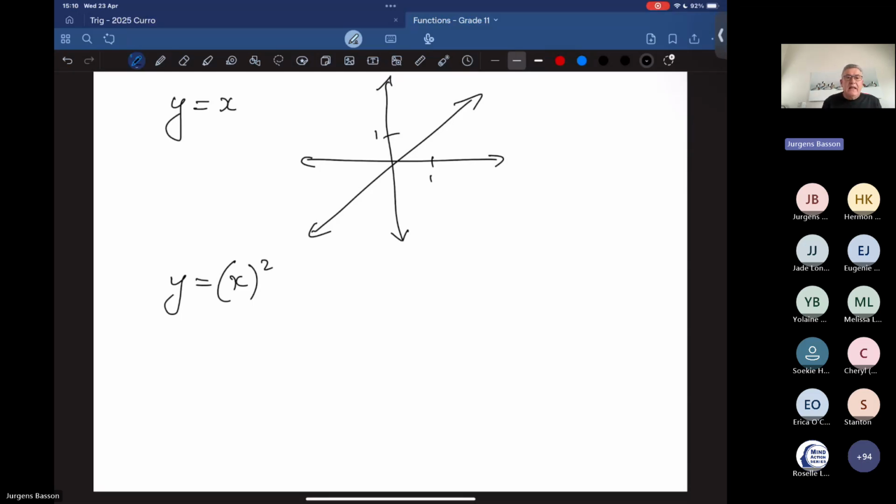And this is a linear, and what will happen if I square it? And this part of the graph will move up. I think you will agree, because the moment I square something, it is always positive. So there can't be any graph below the x-axis. So this graph must go up.